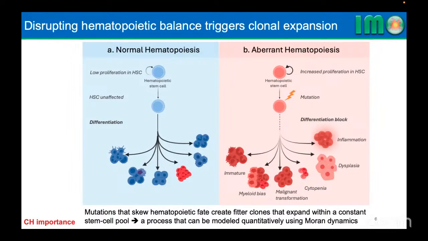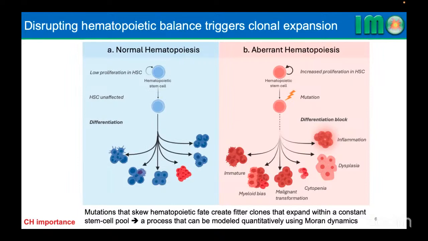Okay, if you want to think about CH, in our hierarchical model, in our bone marrow we have HSC stem cells, and they differentiate into different types of immune cells or other cells responsible for our body. Sometimes the stem cells start to increase their proliferation rate. Some mutations happen, which can be extrinsic or intrinsic.